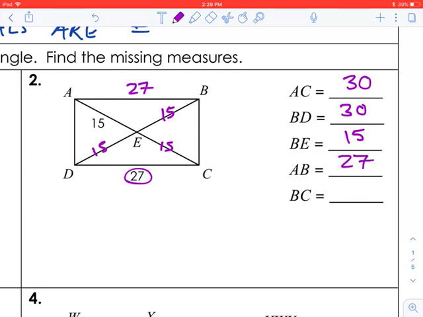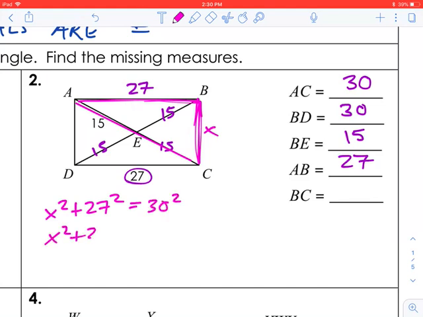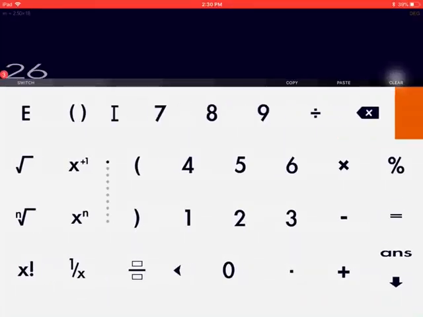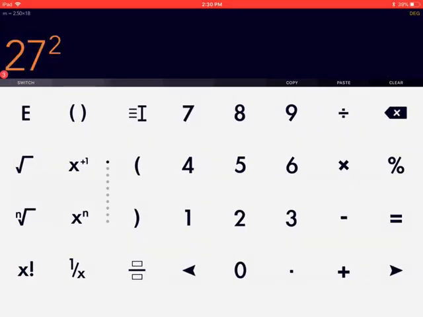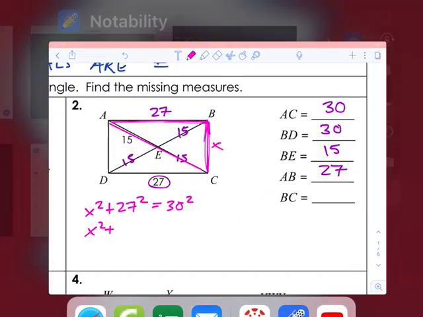And then for BC, we're going to have to use the Pythagorean theorem again. So BC, 27, and the hypotenuse, 30. This time the hypotenuse is 30, so x squared plus 27 squared equals 30 squared. Again, I'm going to have to use my calculator for 27 squared. I don't know what that is off the top of my head. 27 to the second power equals 729.